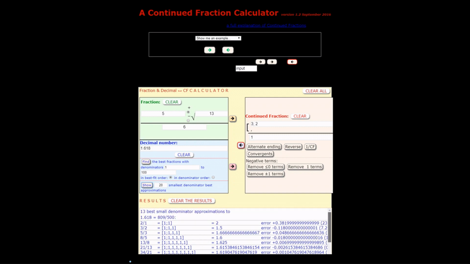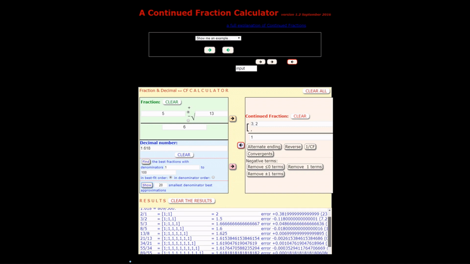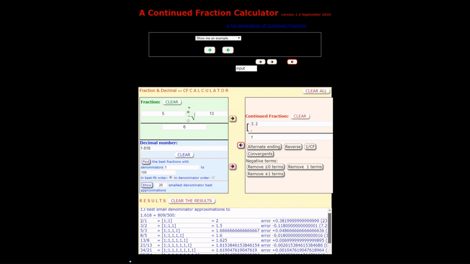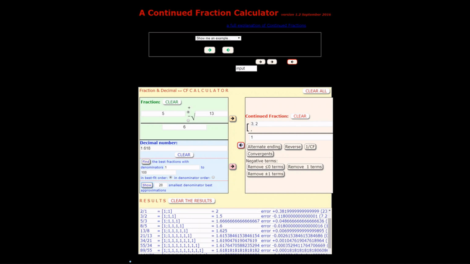So if we look at the top, the first fraction that it approximates is the octave 2 on 1. Obviously that's not very accurate. And then 3 on 2, 5 on 3, 8 on 5. So you can see that they get more and more accurate. Eventually we get to the point where it's, say, 13 on 8 is not too bad.